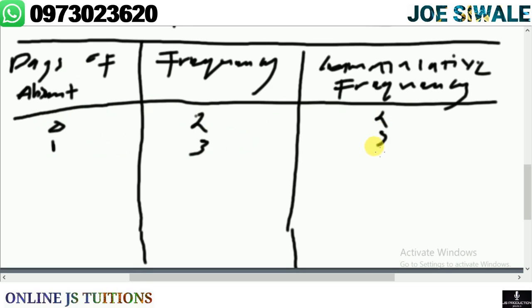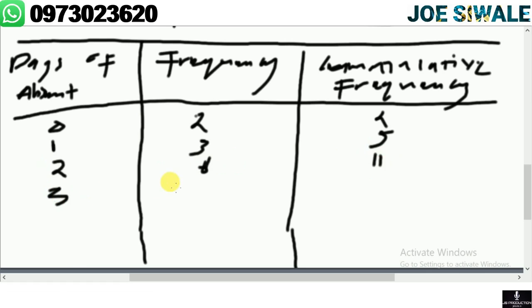Then we also have 2 there. The frequency of 2, that's 6. Then we're going to say 6 plus 5, that's 11. Then we have 3. The frequency of 3, that's 7. 7 plus 11, that's 18.